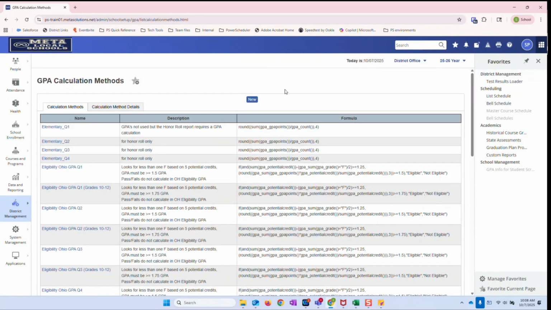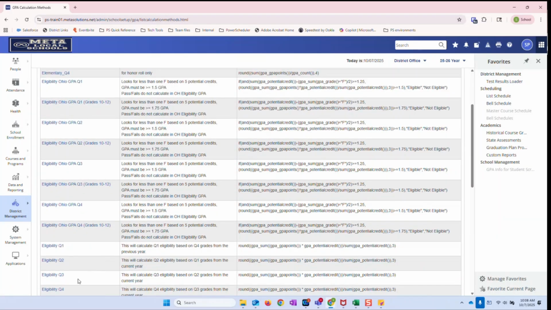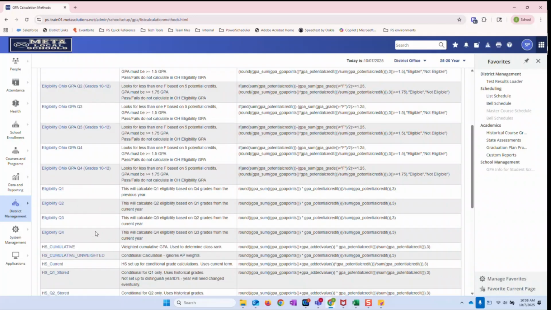They've created new ones. But to go back and change GPA calculations, you are not changing past data, but you may be impacting something that someone in your district is maybe using right now for a calculation. And so that's why we would discourage that. The other thing I mentioned is renaming. So I will tell you that, again, I'm in this train environment. I came through here and I did a little toying around a couple weeks back, and I changed the names of some of these calculations.